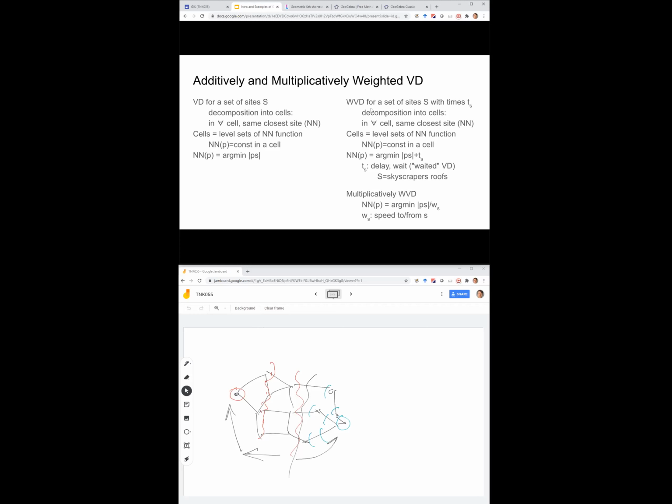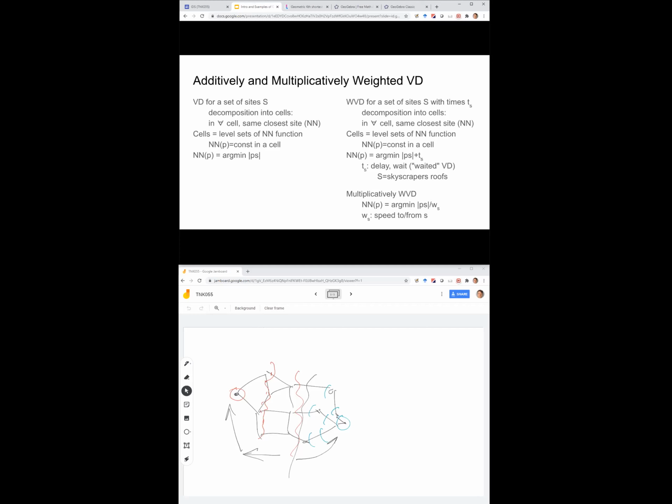What you may have is that for every site, you also have a time specified. That's the time that you need to wait at the site, let's say, before your drone can fly.